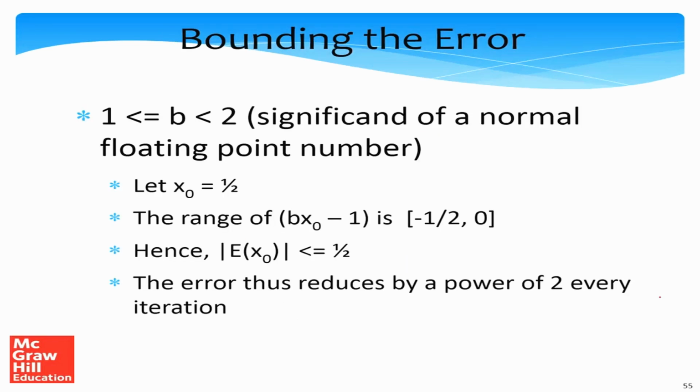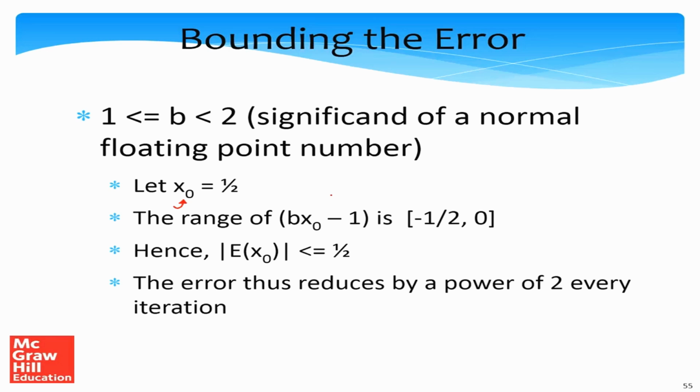The way we will use this result is like this: let us now try to put a bound on the error. Since b is representing the significand of one of our floating point operands, it is between 1 and 2. So 1 is less than or equal to b, which is less than 2, is the significand of a normal floating point number. So let our first guess x0 actually be half.